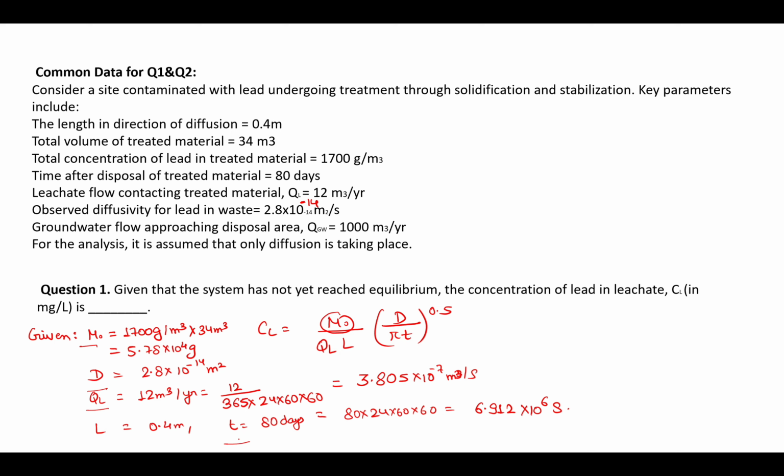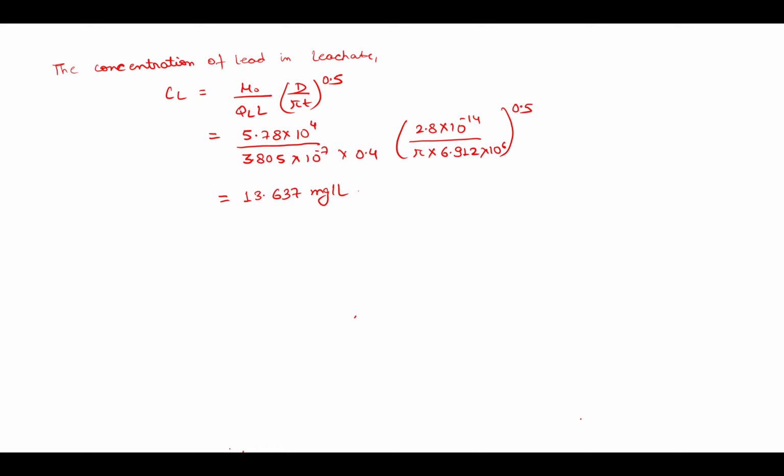We have converted the time into seconds, as it was given in days. We have not done any calculation here, we have just converted everything which was given into SI units. Then we put all the values into the equation to find the concentration of the lead in the leachate.